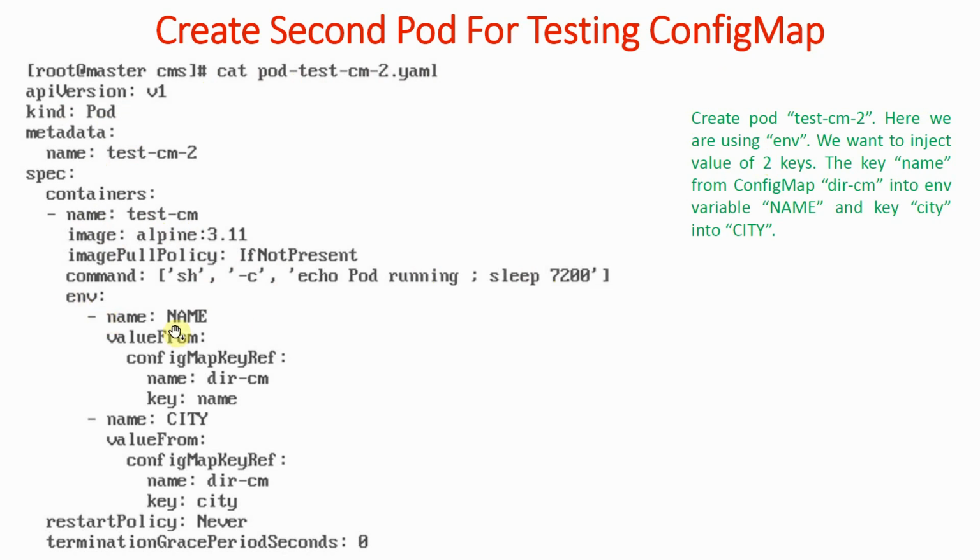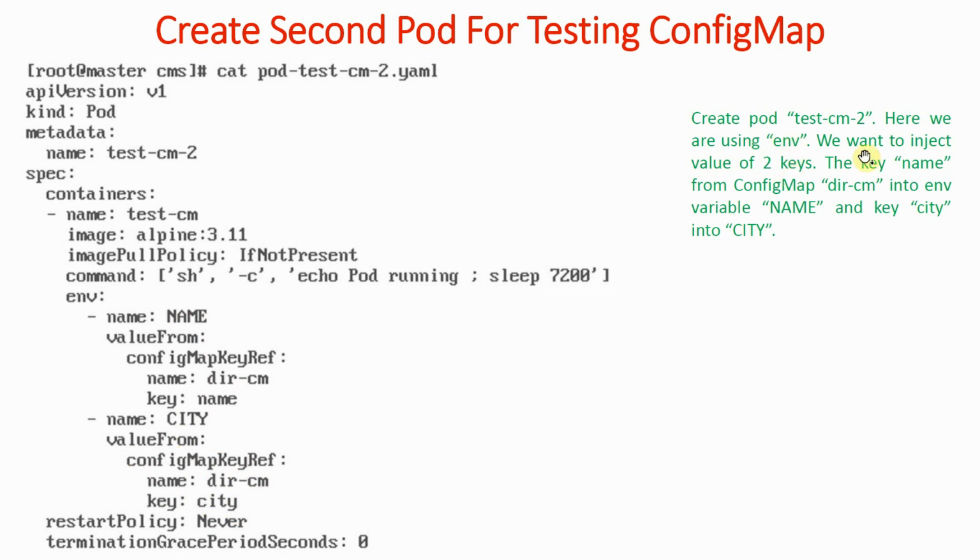Now look at the environment. We want the name variable to get its value from this config map, and the value of key name should be stored here. Now we want to store the second value also in the city variable. So we are again specifying valueFrom configMapKeyRef, key city. The city value will get stored here and the name value will get stored in this.